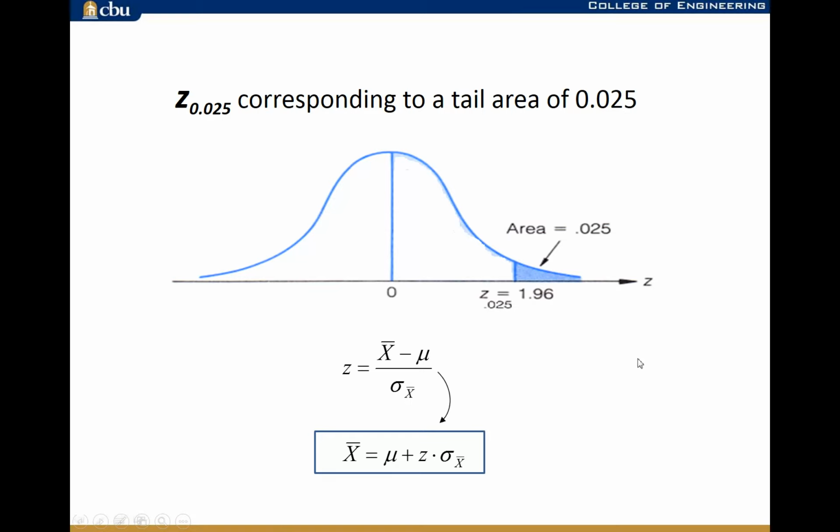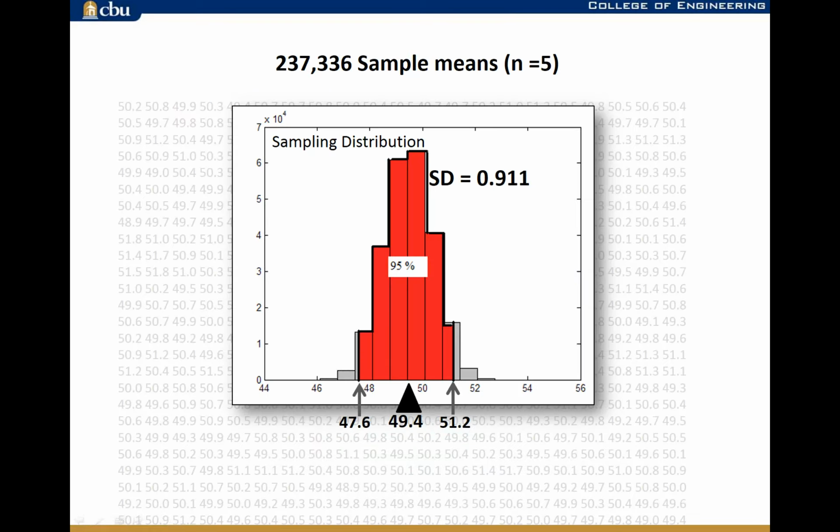And then we can look at the X bars distribution, the critical number will be equal to mu plus your z-score times the standard deviation of the errors. And then we can estimate the mean for the confidence level of 95%, which will be located between 47.6 to 51.2.